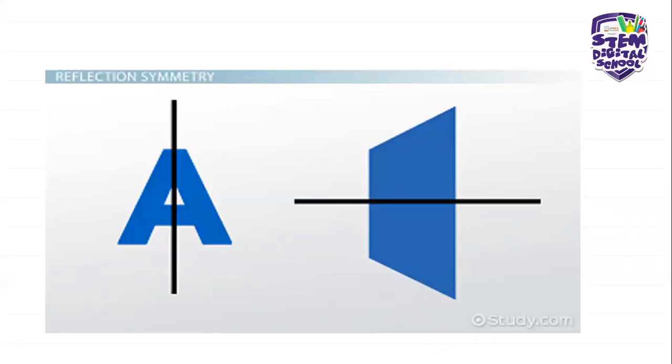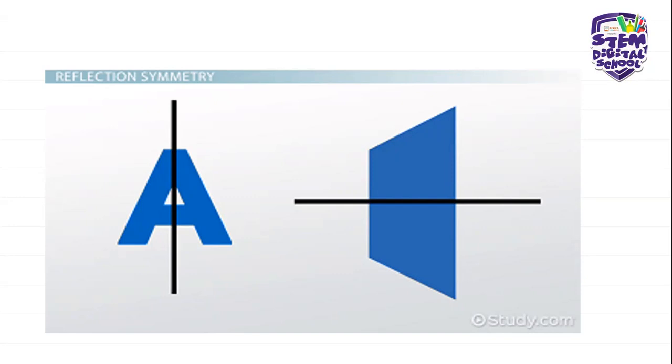Because in reflection, as I've said, one half must be the mirror image of the other half. And of course, you need to learn to identify and draw the lines of symmetry in any geometric figure. But at the same time, I want you to recognize, but also to describe the reflection that you see.